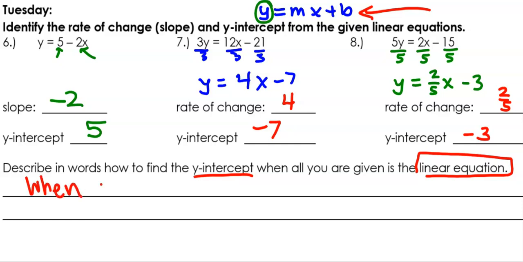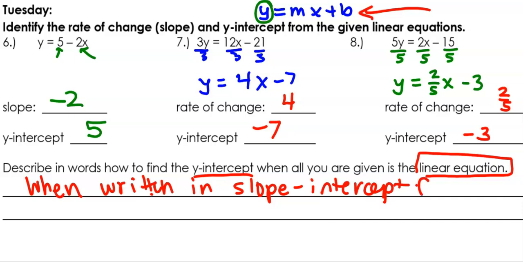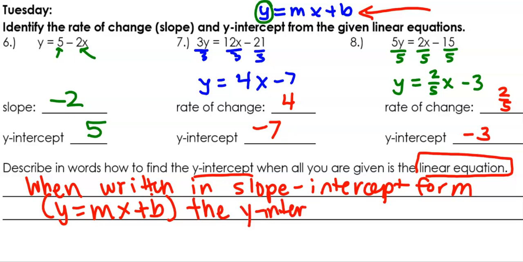Well, when written in slope-intercept form, and you can even say what that looks like, y equals mx plus b, the y-intercept is the constant in the b position.